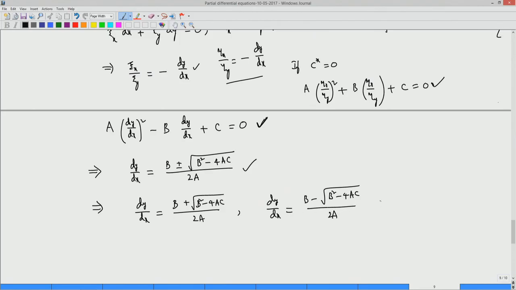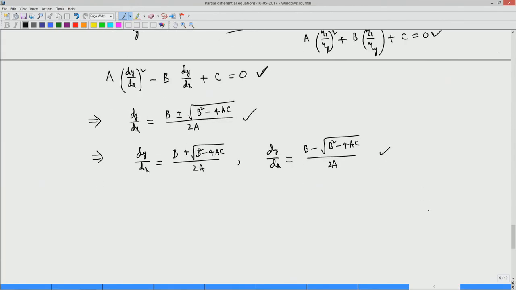These are two different ODEs if b square minus 4ac is non-zero. So we can observe that if b square minus 4ac is non-zero, then I have two ODEs.